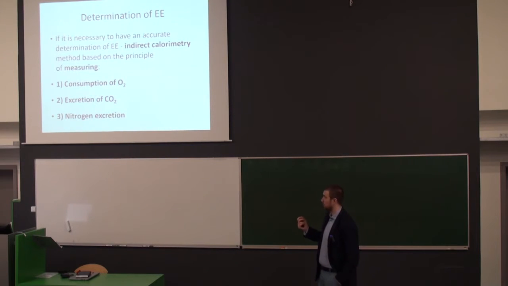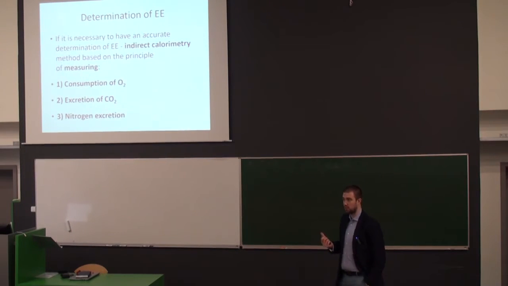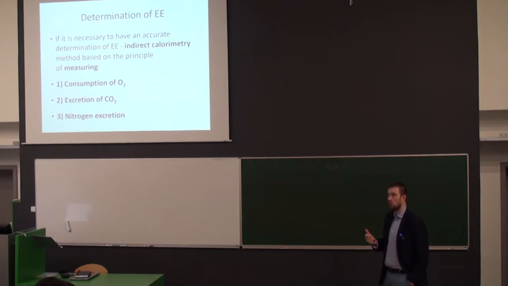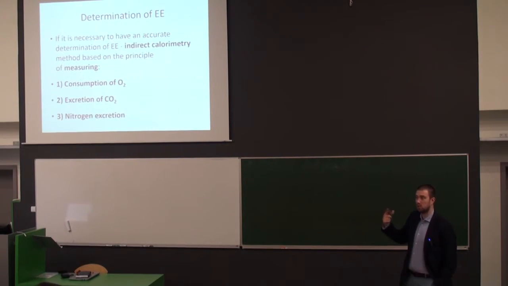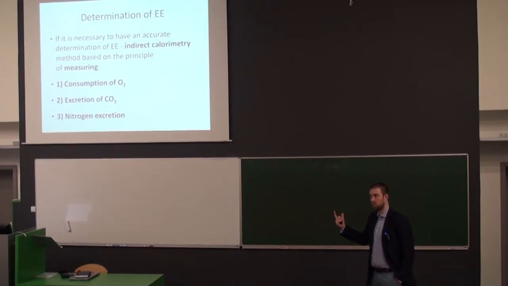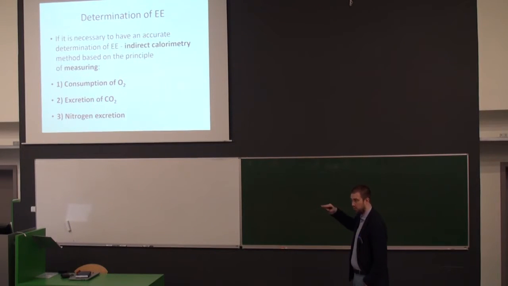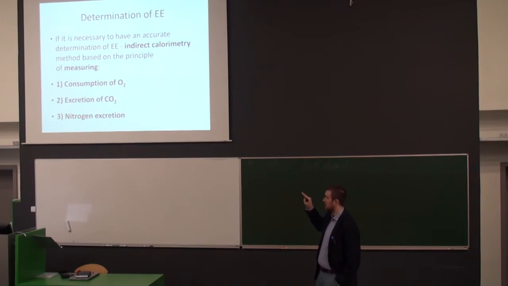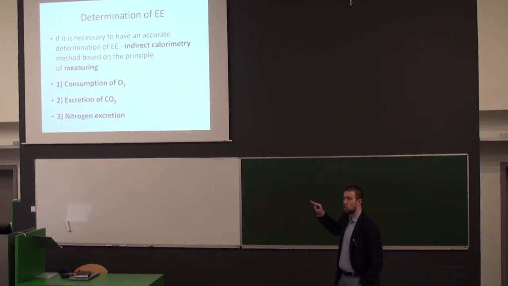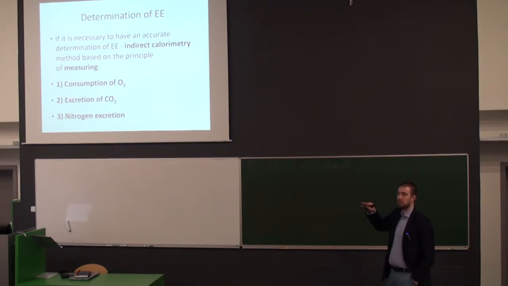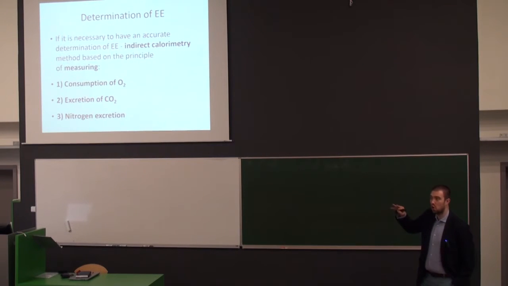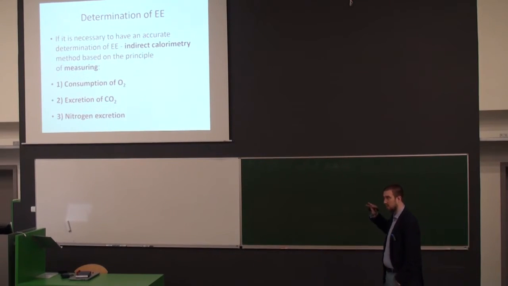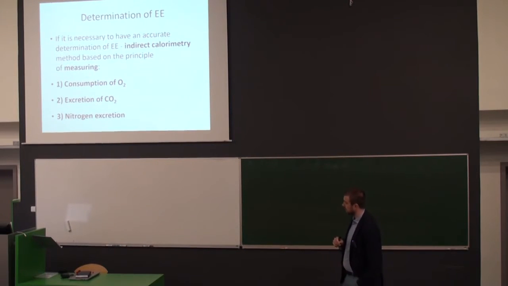What we use is the consumption of oxygen. You know how many kilocalories this will lead to, for you know the average value. Then you need the excretion of carbon dioxide, so you are able to calculate the respiratory coefficient and know what nutrient is used.